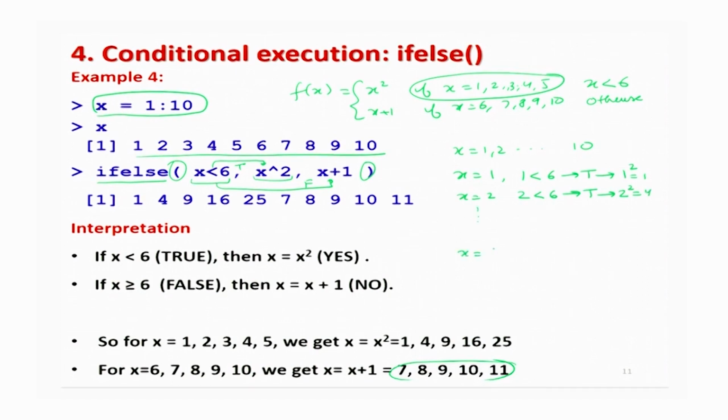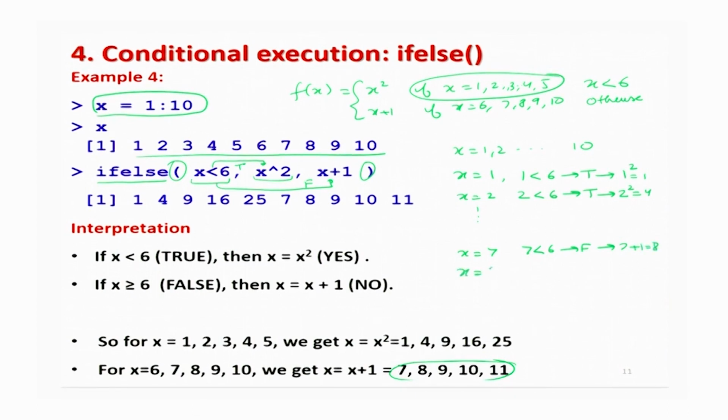Then suppose it takes the value 7. 7 is less than 6, the answer is false. So when it is false, it will give the outcome x plus 1. This will become 7 plus 1 equal to 8.